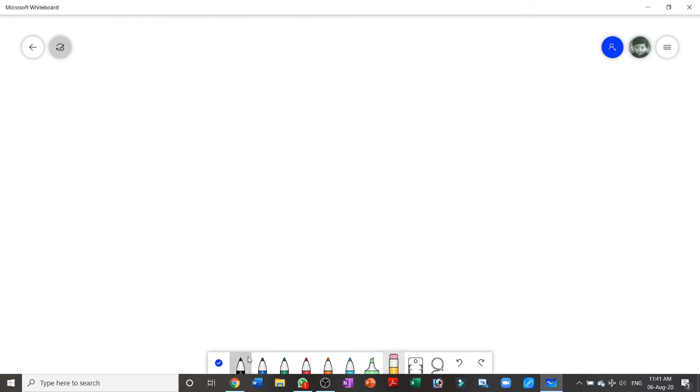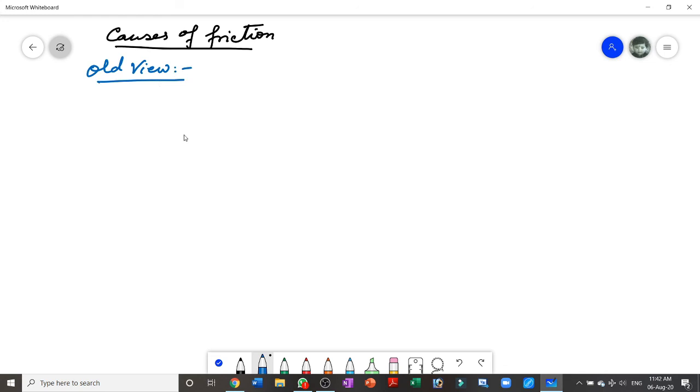Now we will see the causes of friction. First, the old view. What is the old view on it?